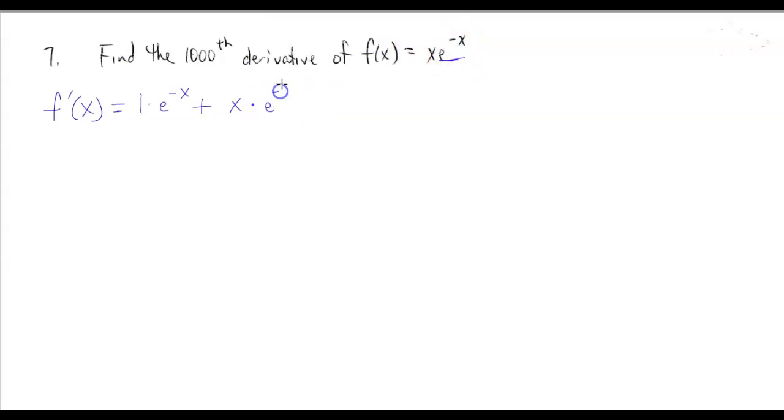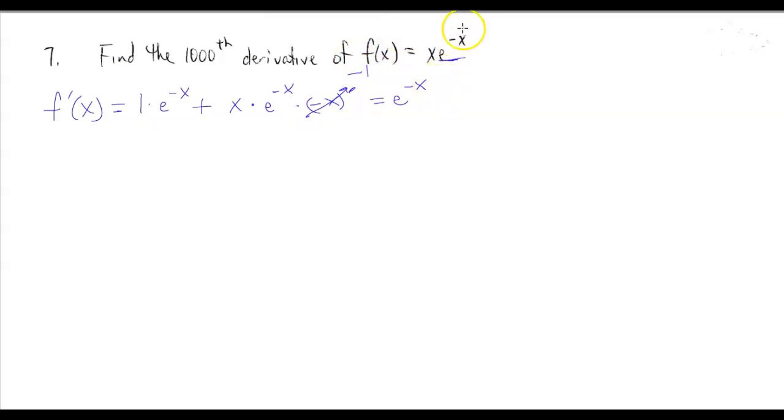So it's going to be the derivative of e to the blah times the derivative of blah with respect to x. And here this is just e to the minus x plus, or minus here, because derivative of minus x is going to be a minus 1.